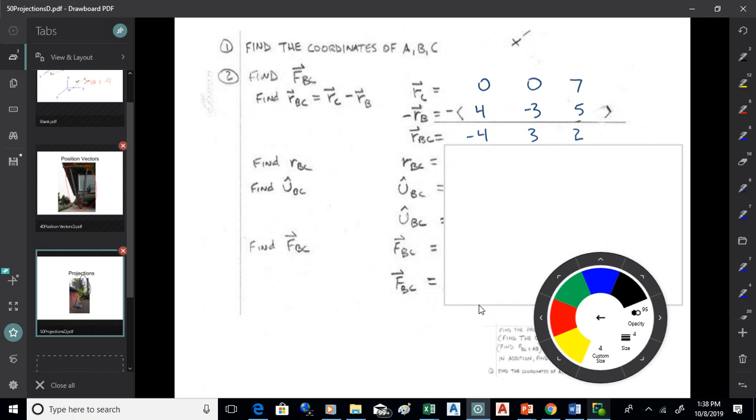Negative 4, 3, 2. Is that how we get from B to C?